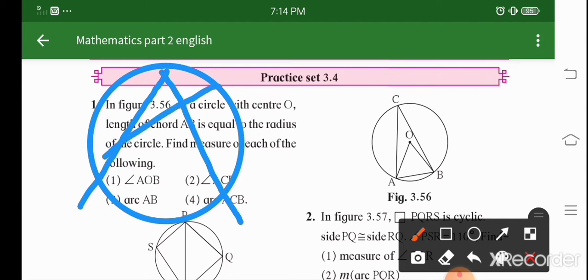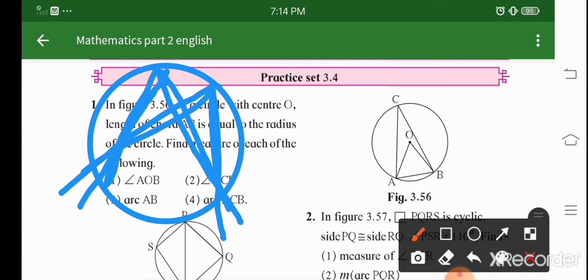Can you see these both angles are the same? Your angles are inscribed in the same arc.